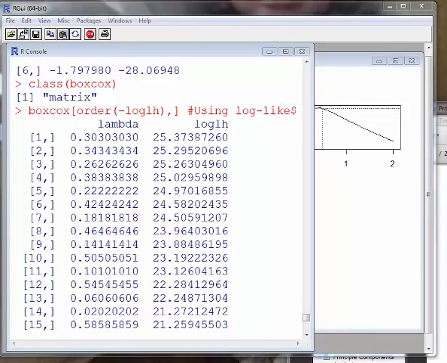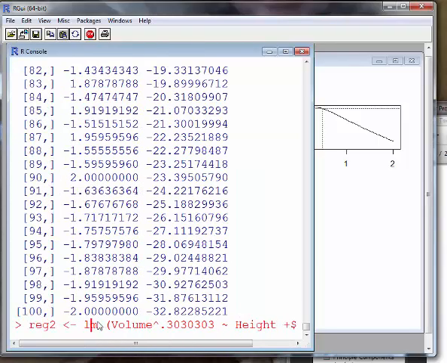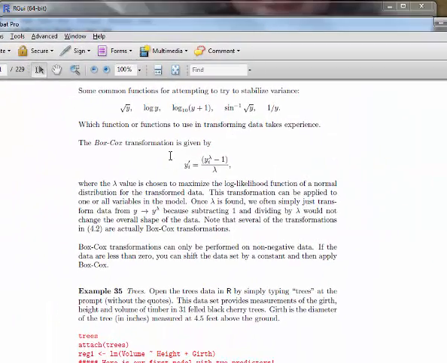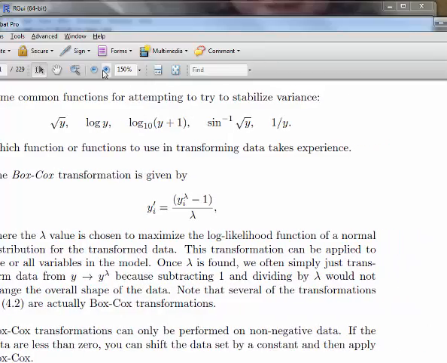Okay. So what I can do then is maybe do reg2, regression 2. Another regression model. But this time, run a linear regression model on volume raised to that power of lambda. Now, if you remember from the notes, the Box-Cox transformation is actually given by this, right?